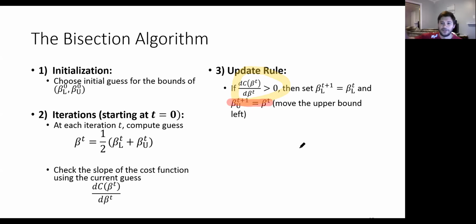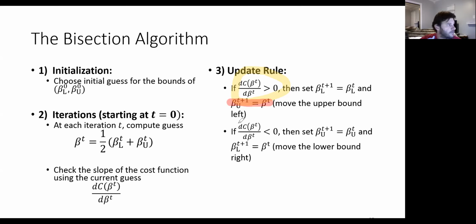We set the upper bound in the next iteration equal to the guess at the current one. Conversely, if the derivative is negative, if the function is sloping downwards at the point where we check our guess, then we're going to do the opposite. We are going to take the left boundary point and move it farther to the right. So that updates our bounds.